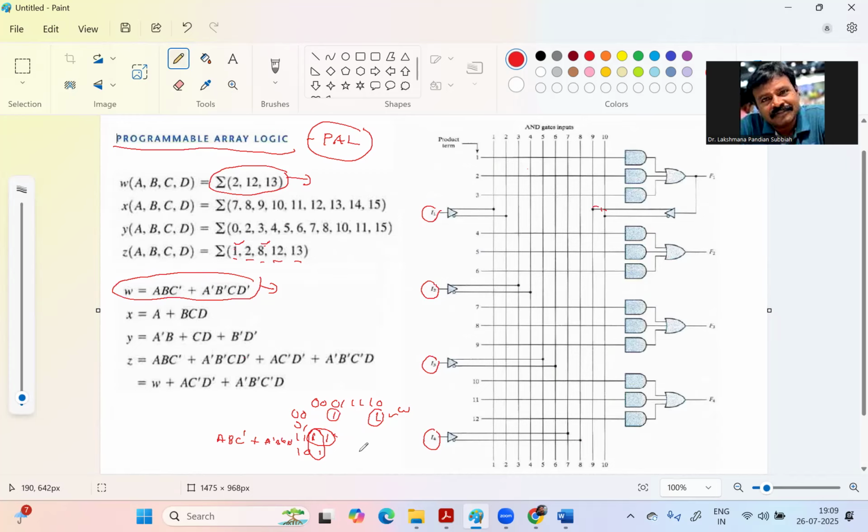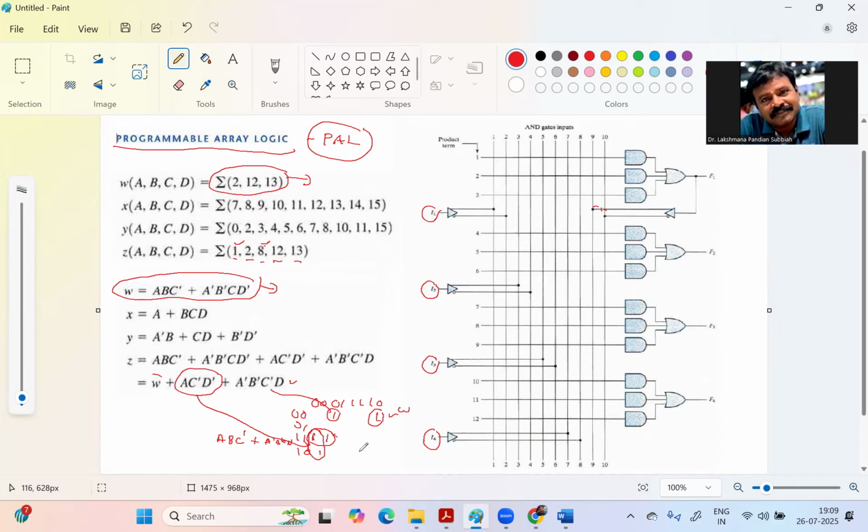For that pair the equation is AC dash D dash, and the alone one is A dash B dash C dash D.